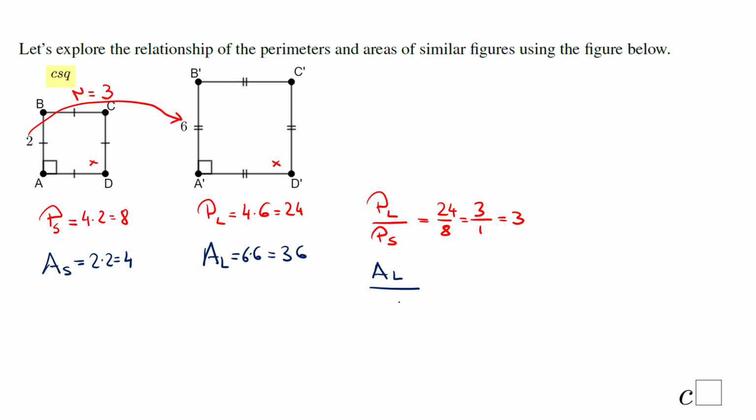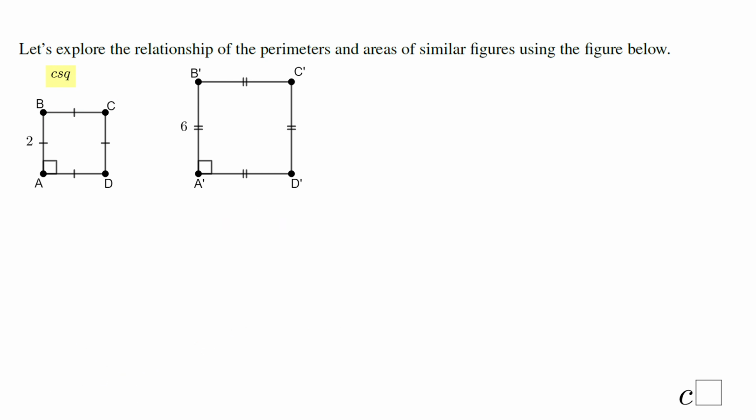So again, I go large over small. I think it's easier to see it. And we have here 36 over 4, which can be simplified as 9 over 1, or just 9. And if you notice, this 9 is nothing else than 3 squared.